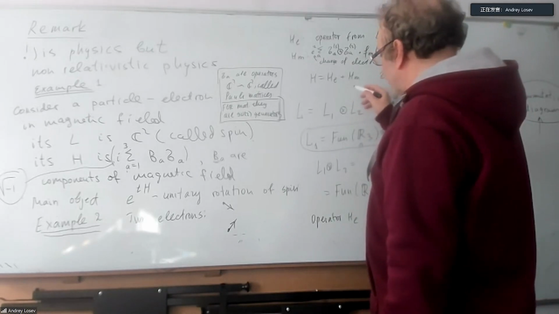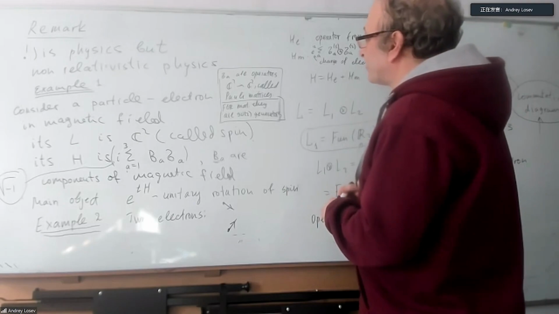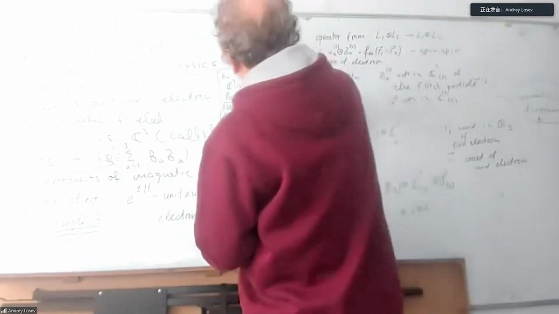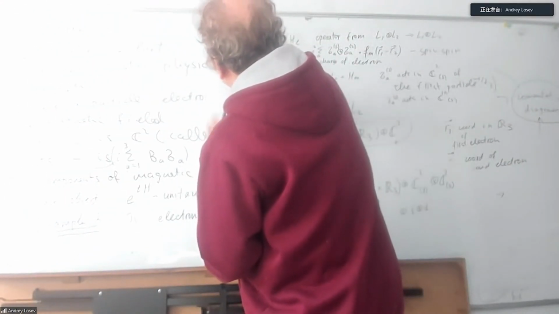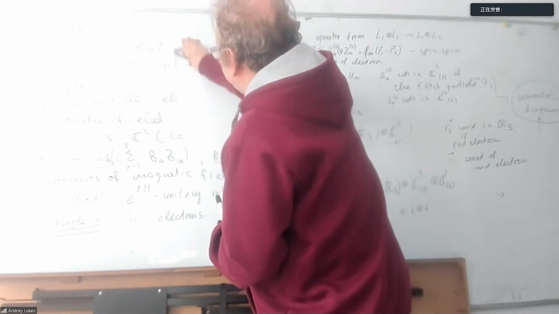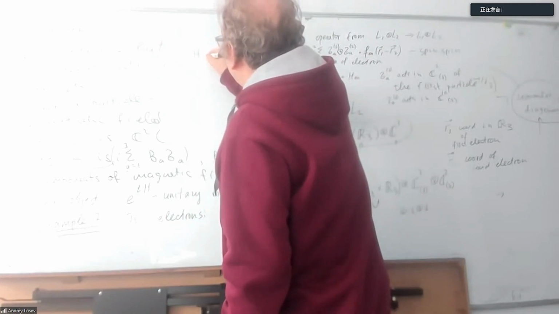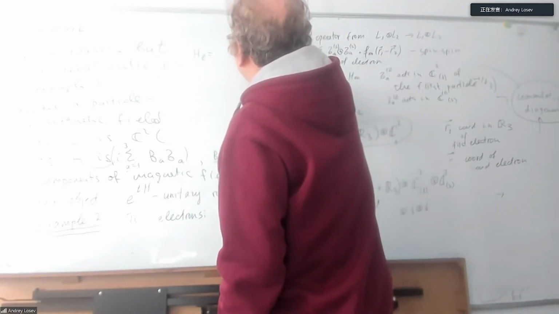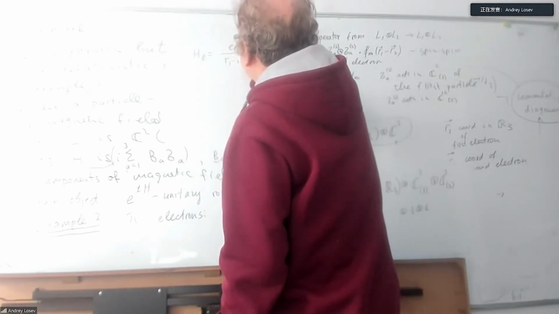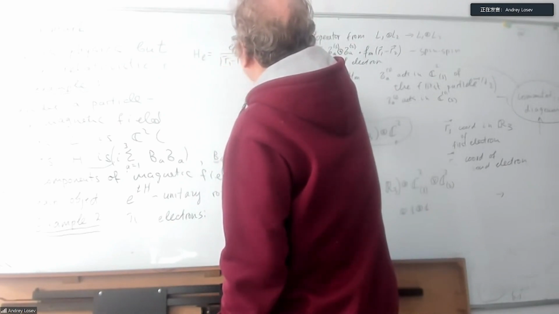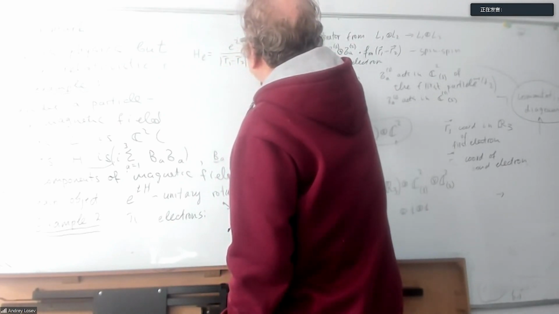So I wrote it, I'm sorry. I will rewrite it again. HE is E squared over R1 minus R2 squared.